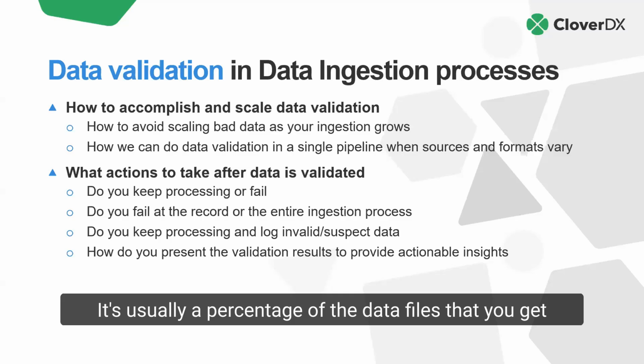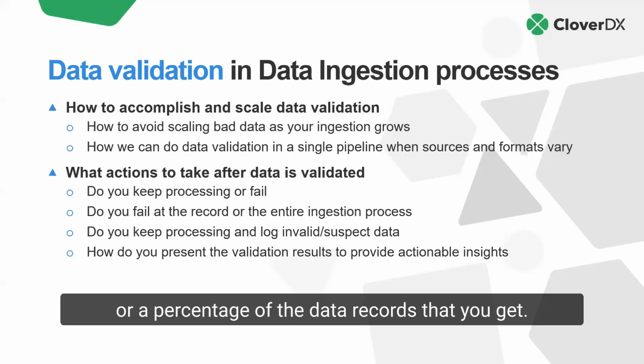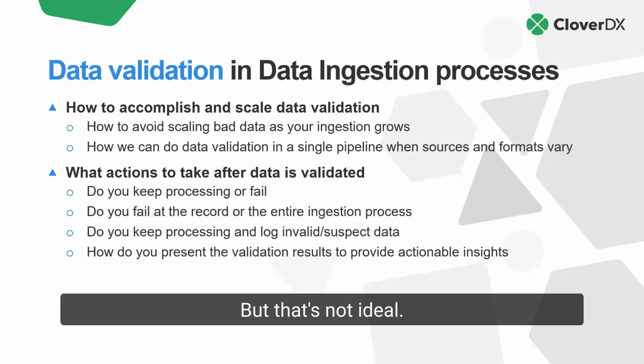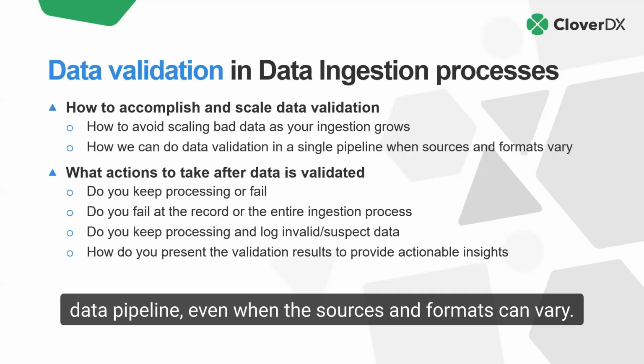It's usually a percentage of the data files or data records that you get. So data validation needs to be able to scale along with your data pipelines. Oftentimes you might need a different data pipeline for each different source, but that's not ideal. You want to do it in a single data pipeline, even when the sources and formats can vary.